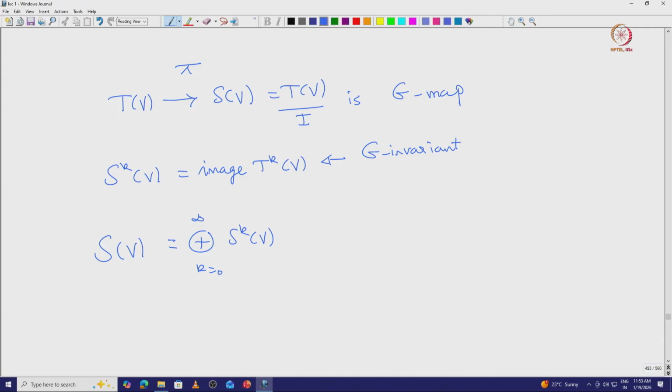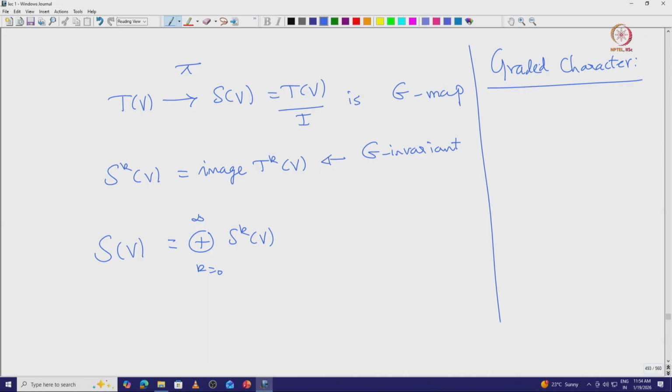Since this is infinite dimensional and graded, and each graded space is a G representation, one can talk about what is called the graded character. Let me define the graded character of an infinite dimensional representation as follows.